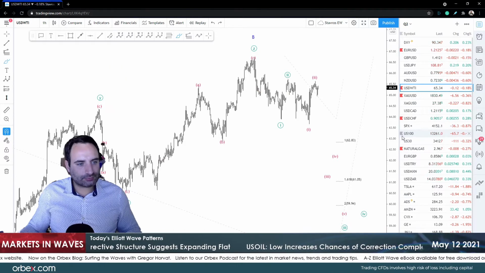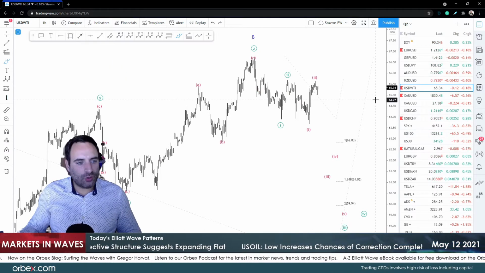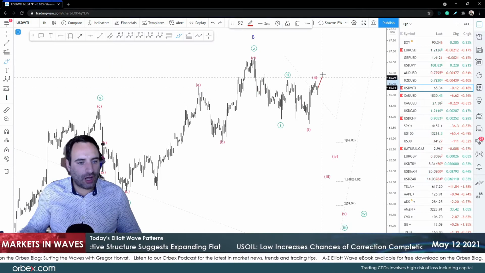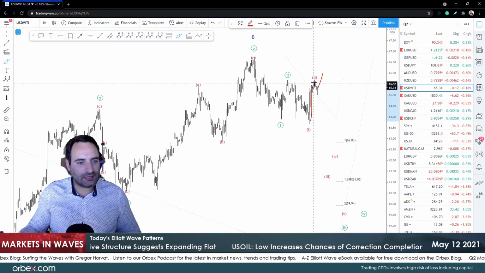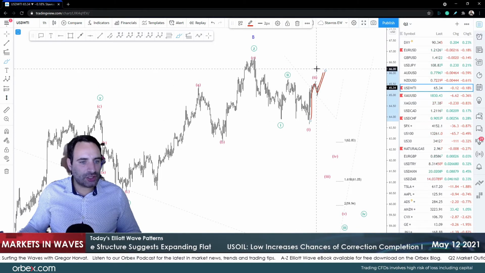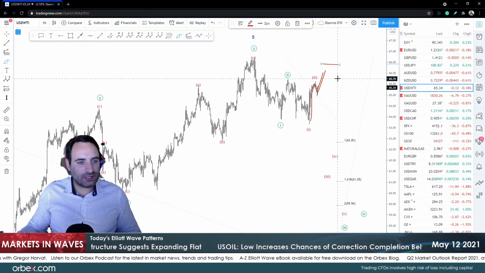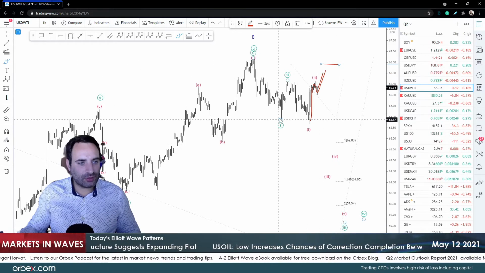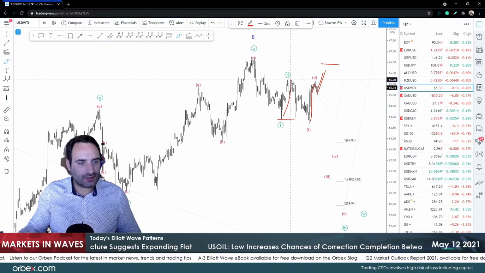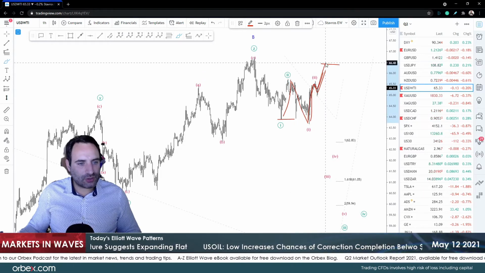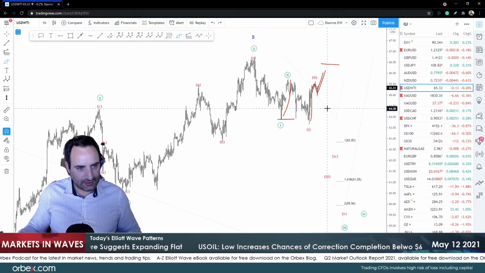Or we're going to go up, okay? And that up means that this is an ABC. We can literally go close to the previous high and still consider this to be a good opportunity, because that would be a case where this is an ABC, 1, 2, 3, 4, and 5, like a running flat, okay?